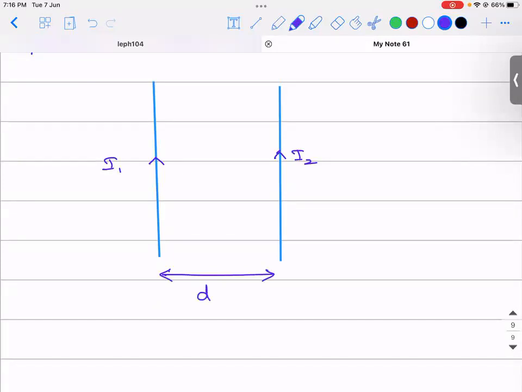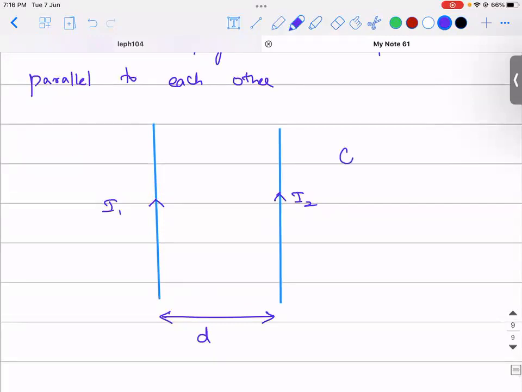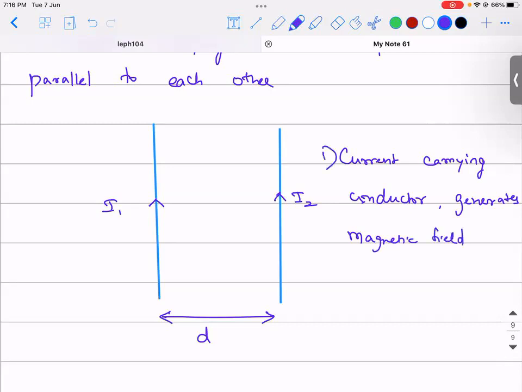So we know two facts from this chapter. First, a current carrying conductor generates a magnetic field.